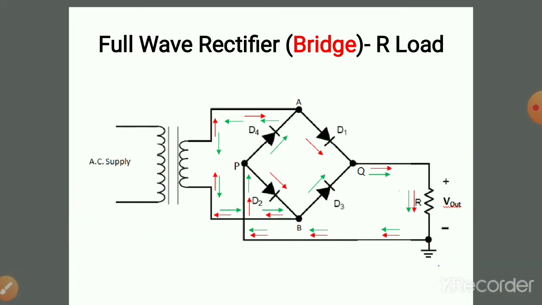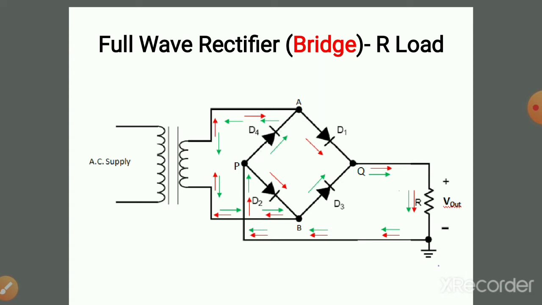Now this bridge rectifier also operates in two modes, the positive half cycle and the negative half cycle. When the input voltage is positive, one pair of diodes acts. When the input voltage is negative, the other pair of diodes acts, which transfers the power towards the load.